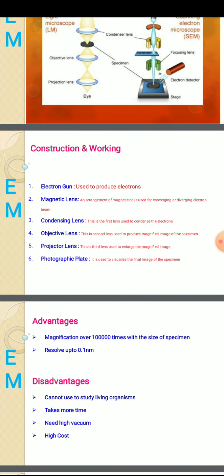Advantages. By using this electron microscope, we can magnify images up to 1 lakh times the original size of the specimen, and the resolving power is up to 0.1 nanometer. These are the main advantages of the electron microscope.